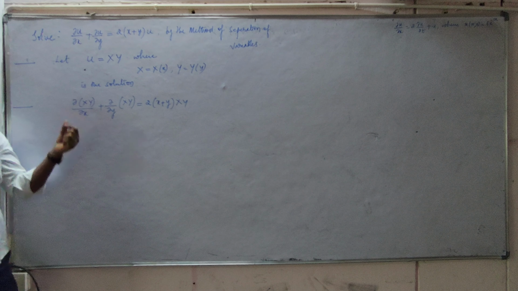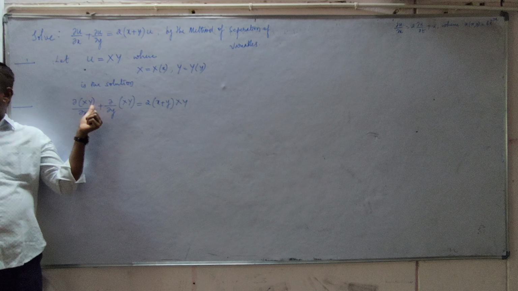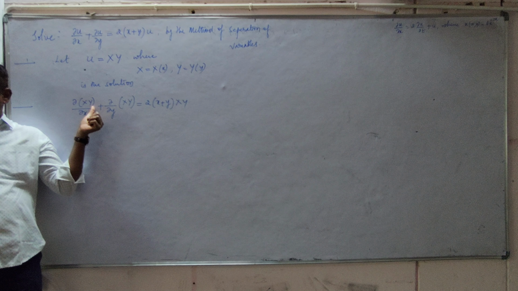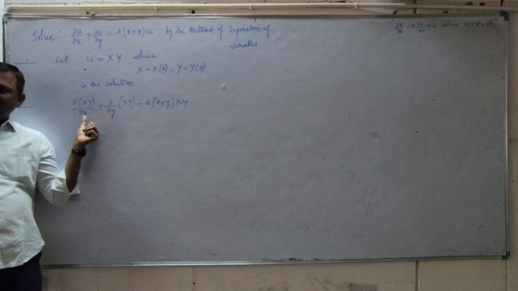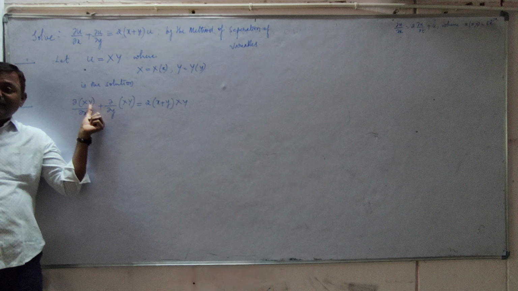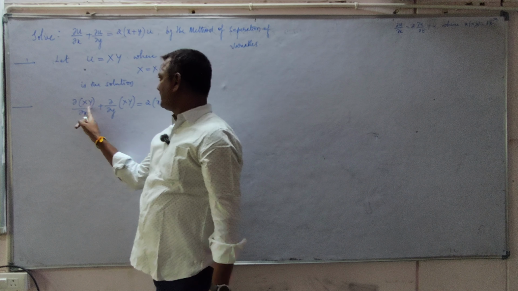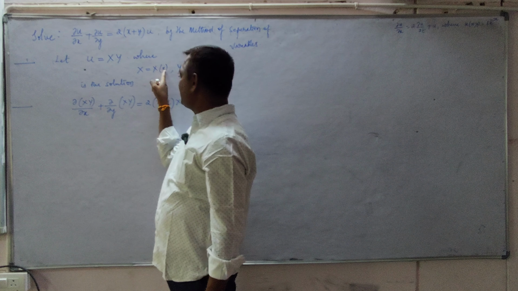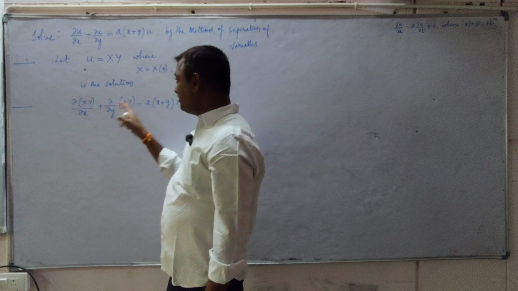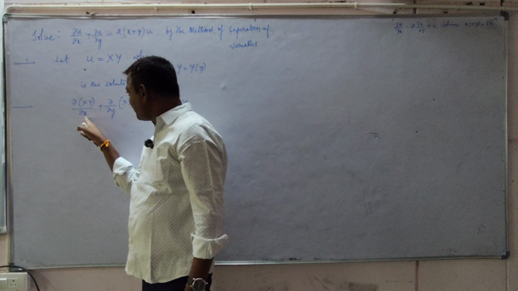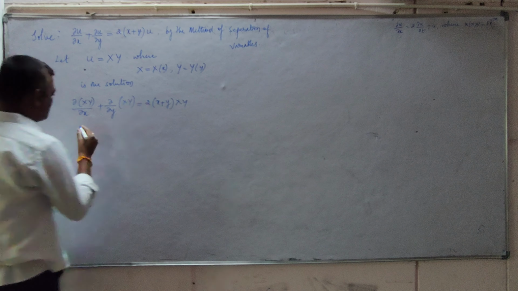Now what you need to concentrate on is, here capital Y is a function of y, as you know the principle of partial differentiation. With respect to x, y is treated as a constant. Capital X is a function of small x, capital Y is depending on small y. When you differentiate with respect to x, y becomes a constant, so we take Y outside.